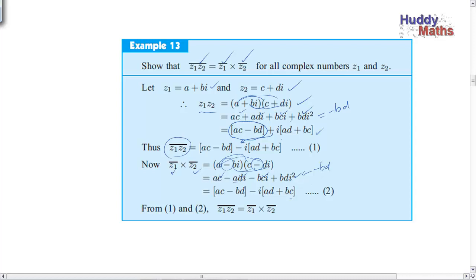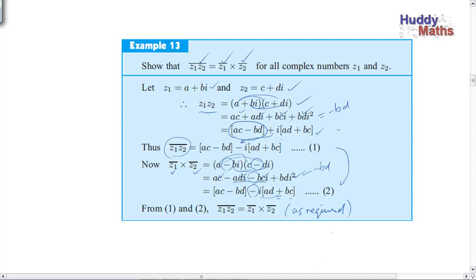And just collecting these up, let's put the negative out the front, so it's ad plus bc. What's that sign there? Because negative by a positive will give you negative bci there. Okay, so what do you notice? Yep, this line and this line are the same. So we've got that, and 'as required' would be nice in there.